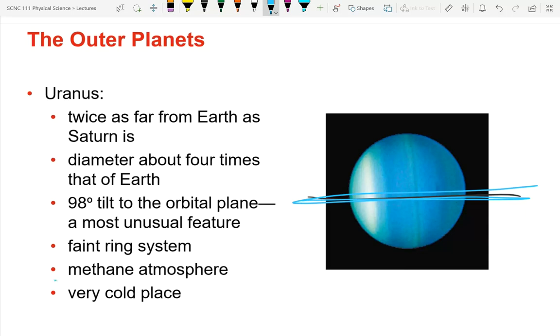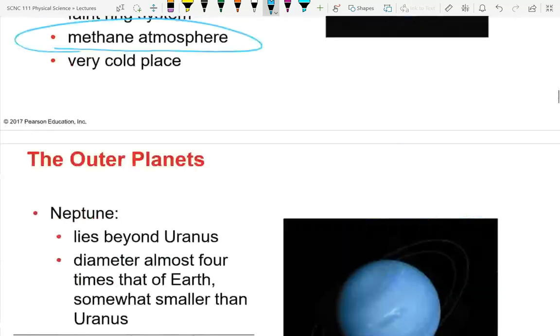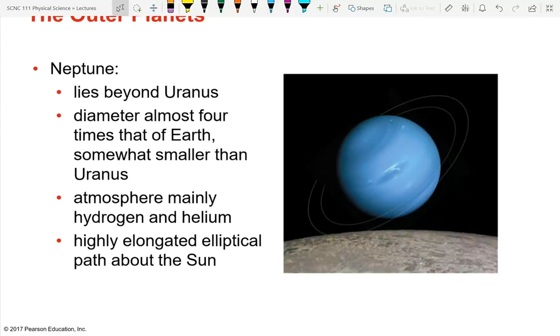Okay, methane atmosphere. Methane atmosphere is what gives it its blue color. You go to Neptune. Okay, that is Uranus. Neptune lies beyond Uranus. Its diameter is almost 4 times the diameter of Earth, so it's got to be bigger. So there's 4 Earths for comparison.